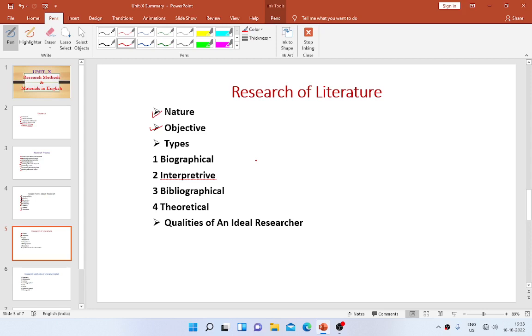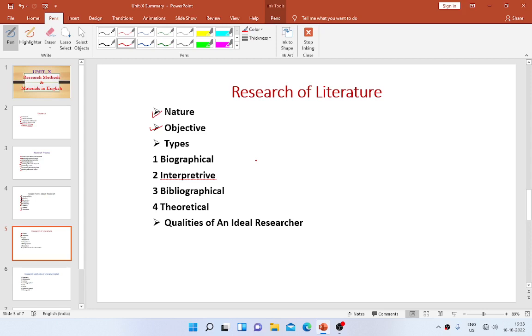No reader can appreciate a text that is full of errors. Secondly, he must know that the text he is reading is a genuine one. Critics have been misled by printing errors or faulty text. There is another type of literary research: biographical, theoretical, interpretative.